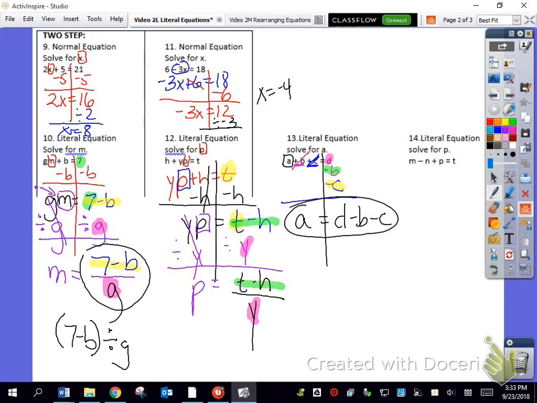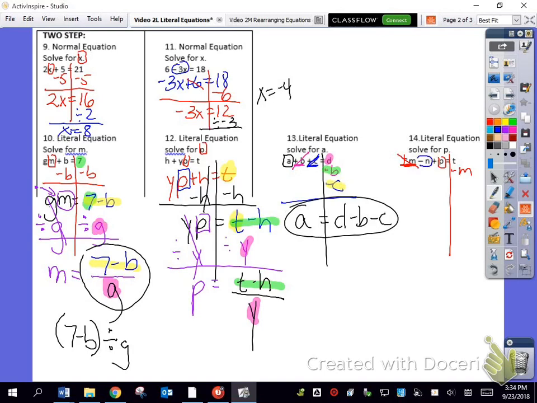On 14, I'm solving for p, okay? Now, some of you may want to rewrite this, and you can certainly rewrite this, or you can do the opposite, okay? Look at what kind of m is that. If there's nothing in front of the m, that's like a positive m. So the opposite of positive is minus. That gets rid of that.